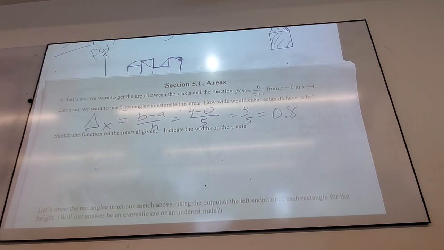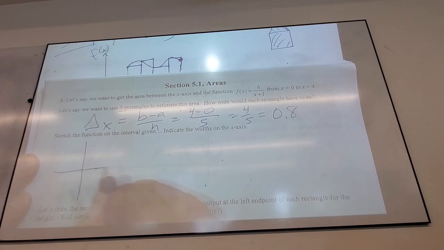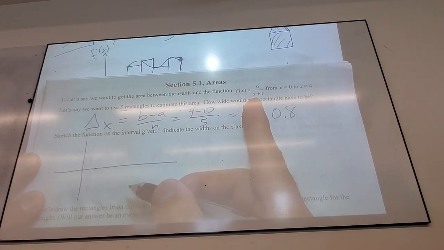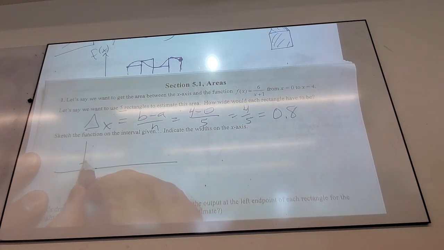Now, everybody's favorite thing in the world to do, sketch the function. Don't go crazy. I know what inputs I want to use. I can use any inputs between 0 and 4. Let's use 0, that makes sense. We have to know how to sketch the function. So when I plug a 0 in, what do I get? 6. When I plug a 1 in, what do I get? 6 divided by 2, 3.